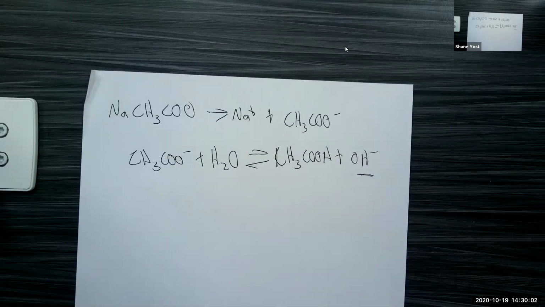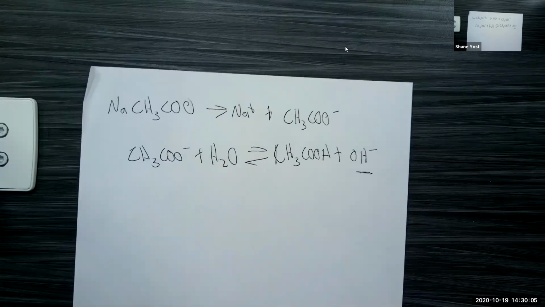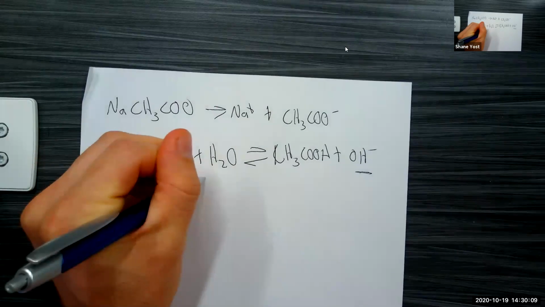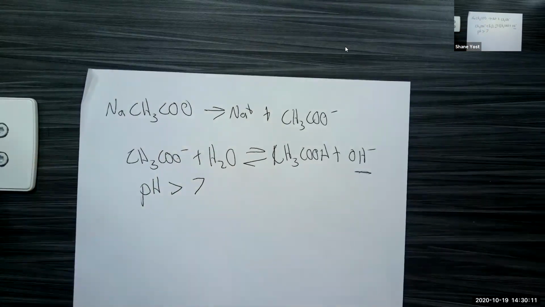So a solution of sodium acetate will have a pH greater than 7, because I've introduced a weak base into the solution, and that base is going to increase the pH.